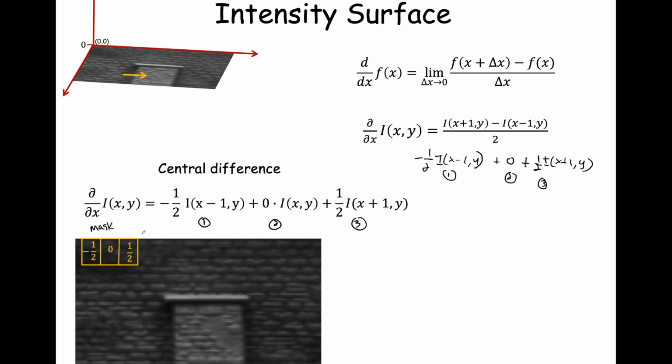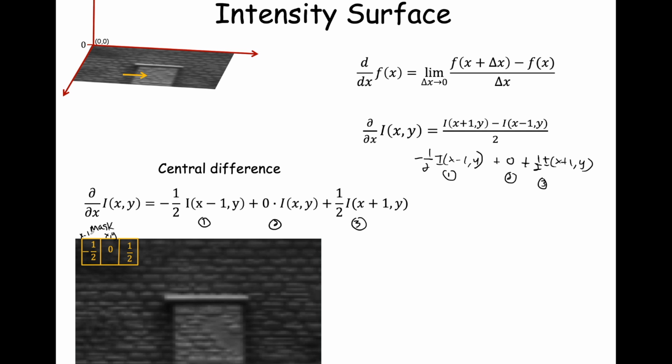And so here we have our coefficients. But if we look at what it means when we say I of x minus 1 comma y, well, if we center this mask over coordinate x comma y in the image, what is the coordinate of this mask to the left of it? If we were to place this mask over a pixel in xy, the center pixel, then immediately to the left, that would be x minus 1 comma y as the image coordinate.